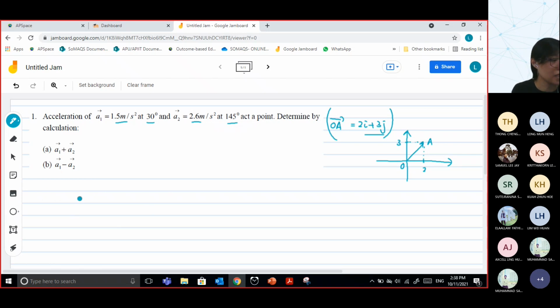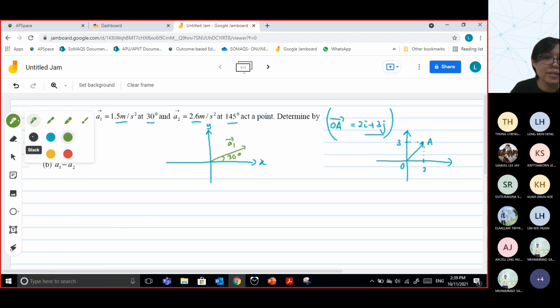So now, when we look at these two vectors, right? 1.5 is at 30 degree. So let's say 30 degree is here, and this vector has the value of 1.5, right?